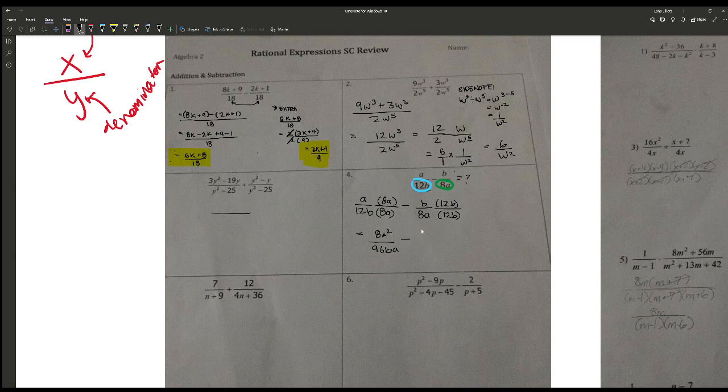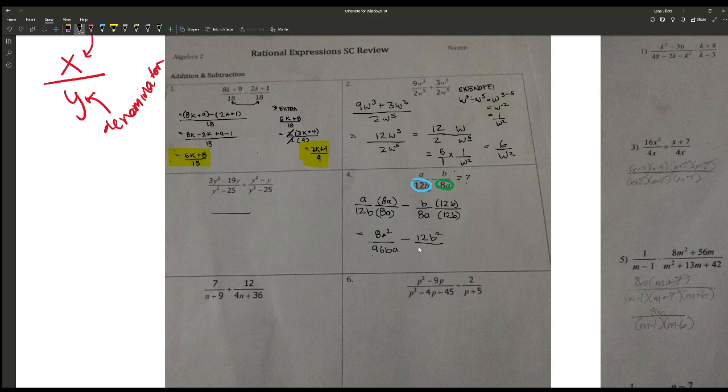Minus, so you're going to have 12b squared, because you're multiplying a into the bracket. And then likewise here, you're multiplying b into the bracket. So you have b times 12b becomes 12b squared over, because we have a common denominator, it's going to be this number.